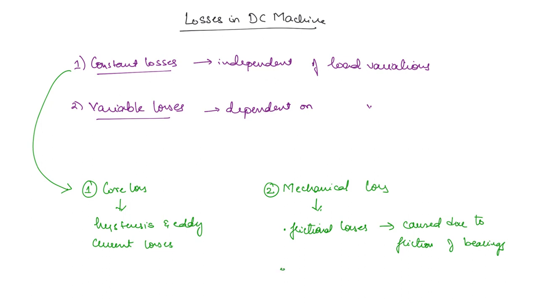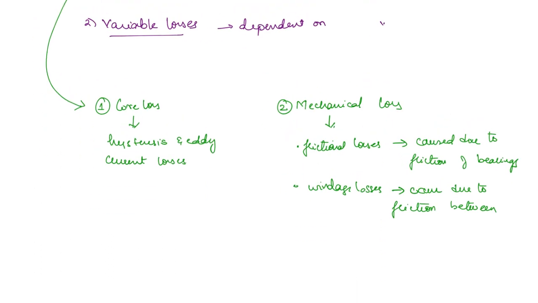And another kind of mechanical losses is the windage losses. Windage losses occur due to friction between the moving parts of the motor and the air inside the motor casing.